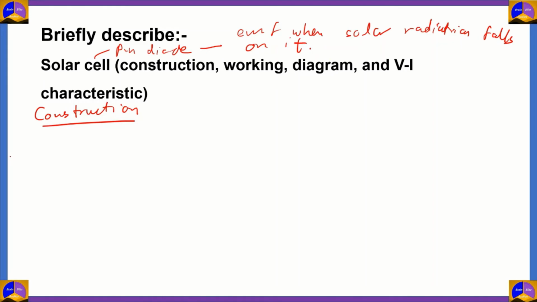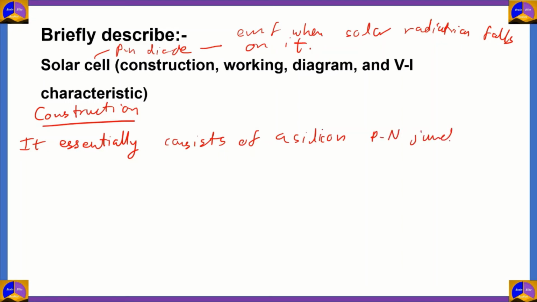So for a solar cell, it is essentially a silicon p-n junction diode with a glass window on the top.